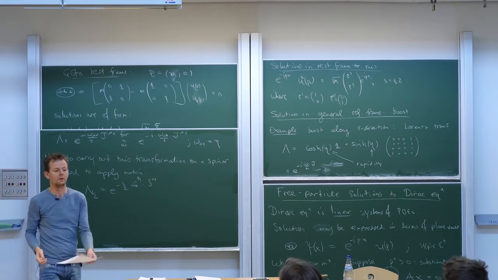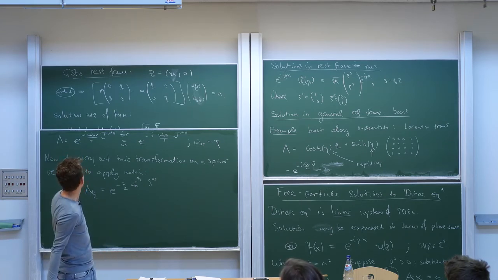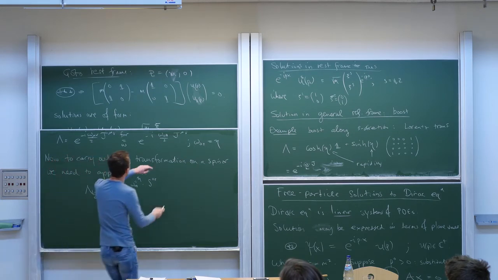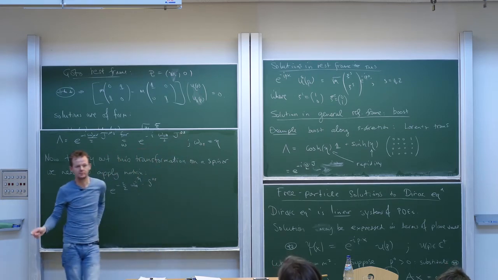Question: shouldn't there be 0, 3 as indices in the top line of the J? The question is, shouldn't there be a 0, 3 index up here? Yes, there should. Thank you. 0, 3. Absolutely.